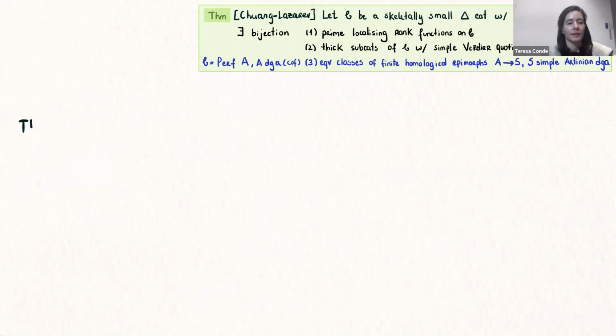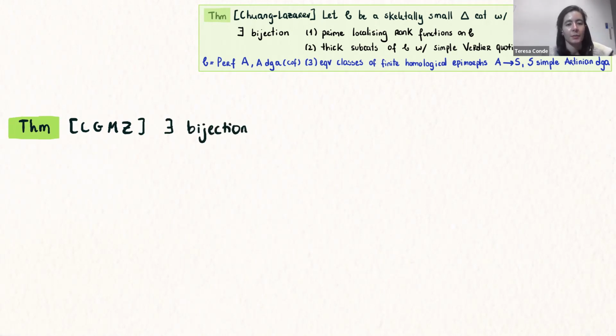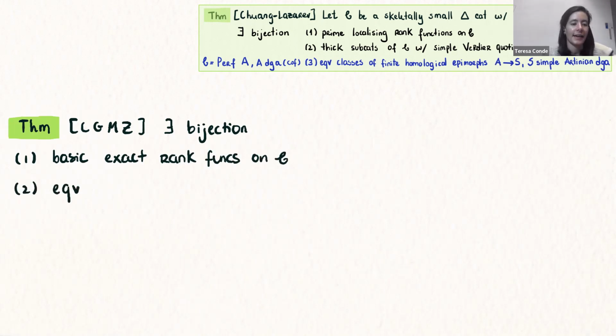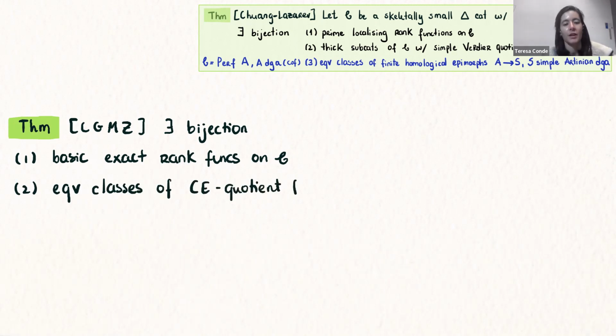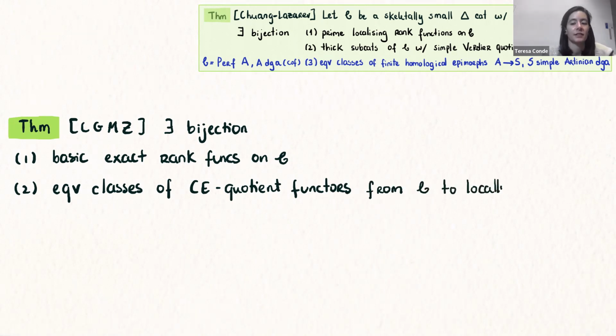Okay. So now, using the notions we have defined and work of Krause, we are able to establish a bijection between the following two classes, between basic exact rank functions on C and equivalence classes of C quotient functors from C to a locally finite triangulated category.